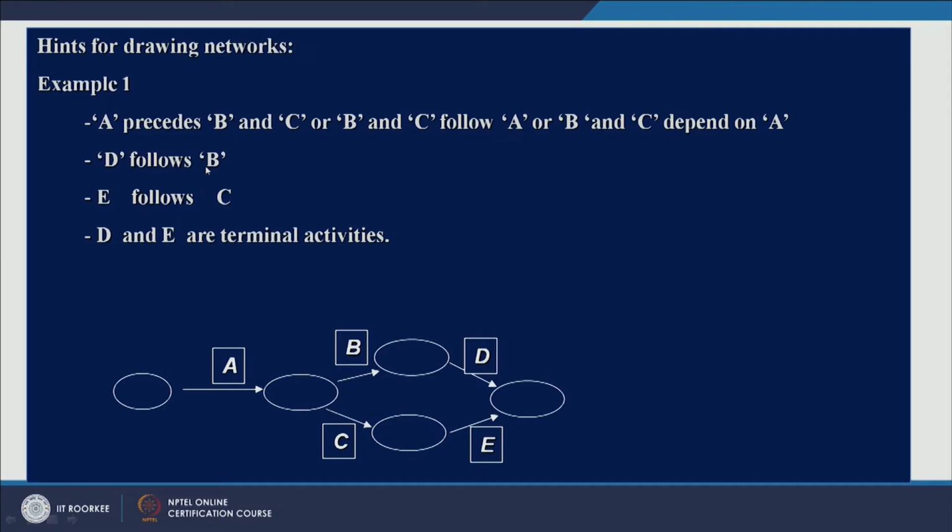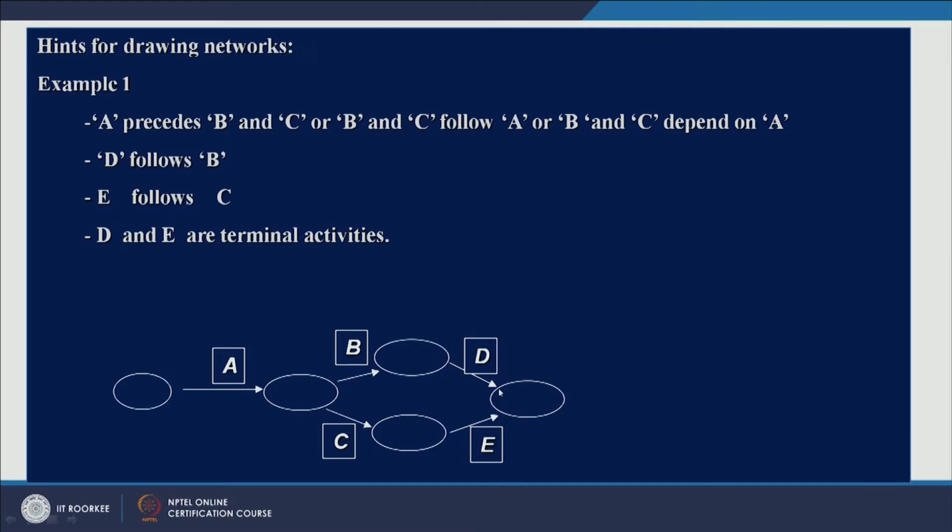D follows B. So, in this network, A precedes B and C, and D is following B. So, B is the predecessor activity and D is the successor activity. E follows C, just see this, E is following C. D and E are terminal activities.